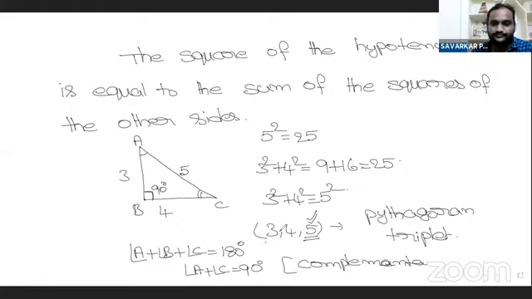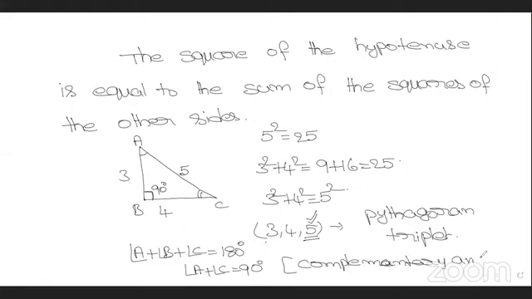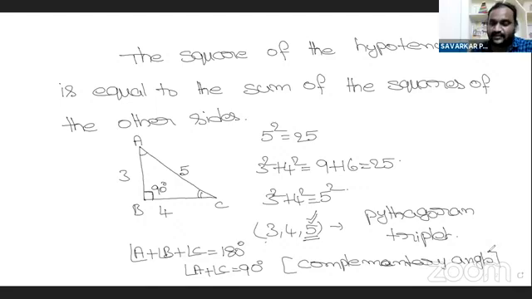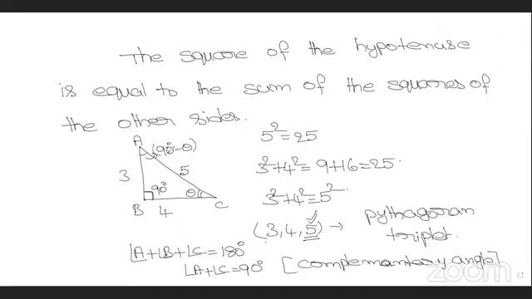When the sum of two angles is 90 degrees, they are called complementary angles. That means if C is theta, A will be 90 minus theta.